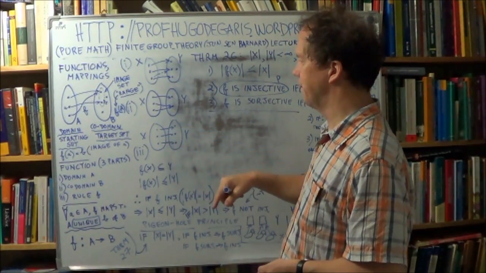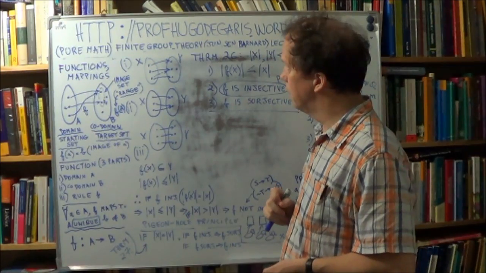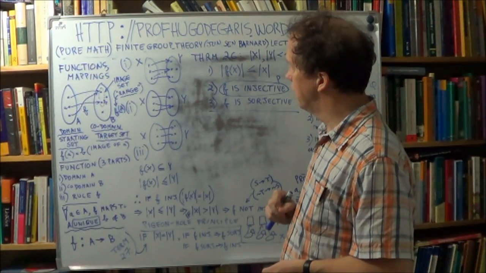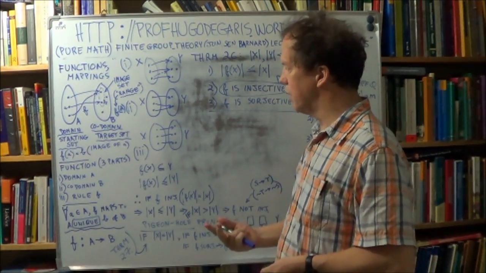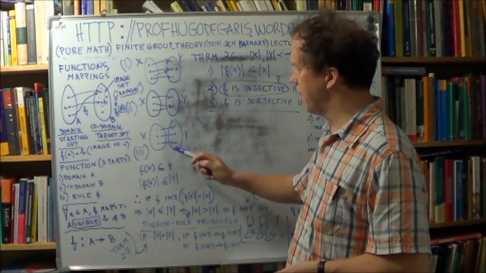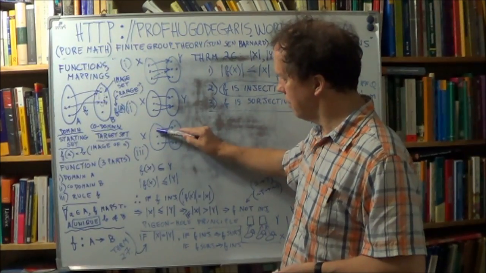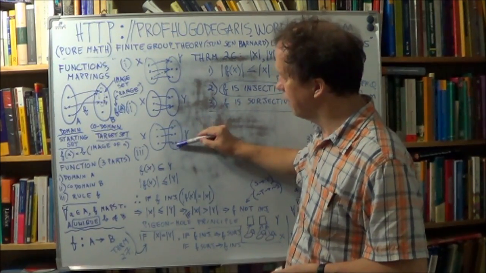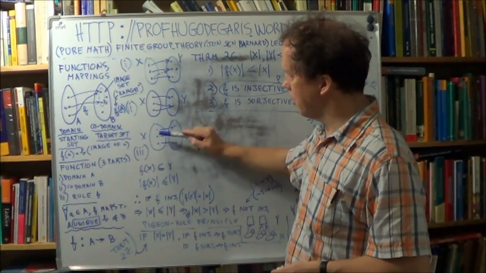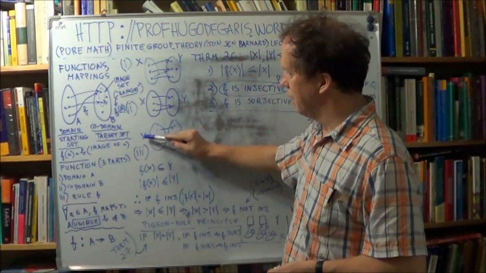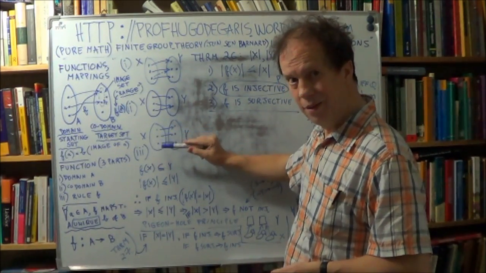Okay? And if it's 1-to-1, that means for each image there's a corresponding element in your starting set, in your domain.